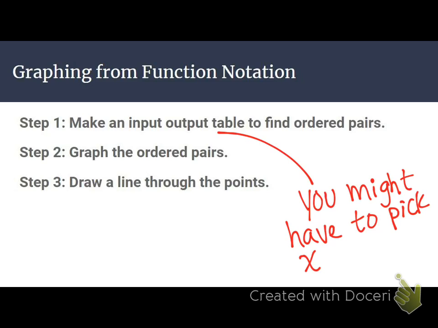Okay, so I would usually recommend small numbers. If there's a fraction involved, I would choose a multiple of the denominator, like I did on the warm-up. It was 1/2. I knew I could easily take a half of things like -4 and 2. So there are tricks to making this a little bit easier on yourself.